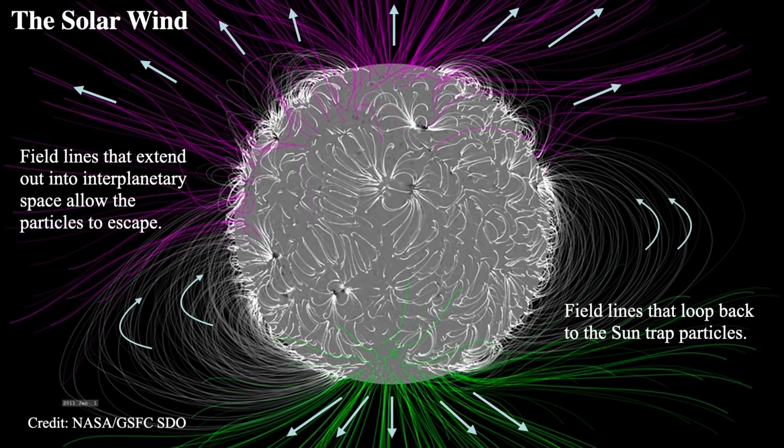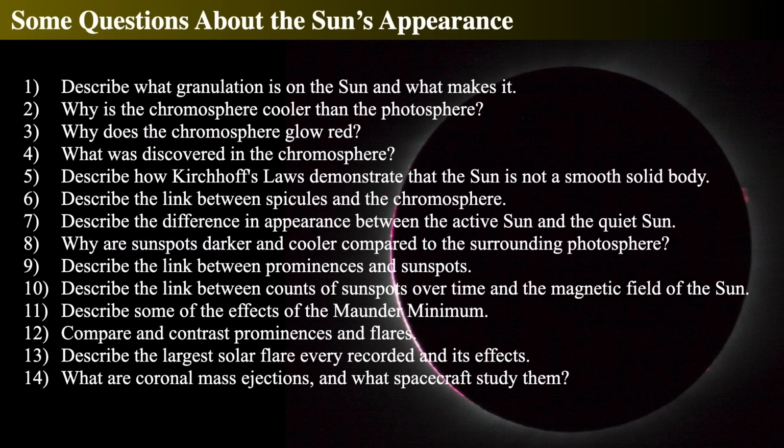As the field lines loop back to the Earth, they're trapped. But if the field lines extend out into the outer solar system and interplanetary space, then you get those beautiful coronal features. That's the origin of the solar wind. The particles, mostly protons and electrons, are accelerated to extraordinarily high speeds and can reach the Earth in a couple of days from 93 million miles away.